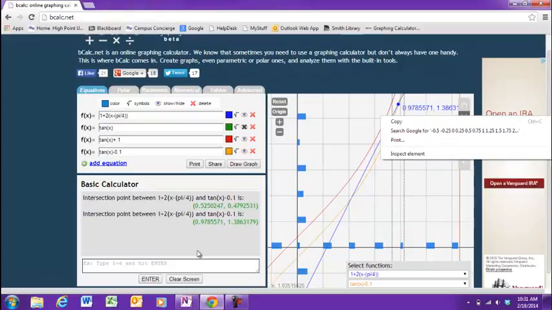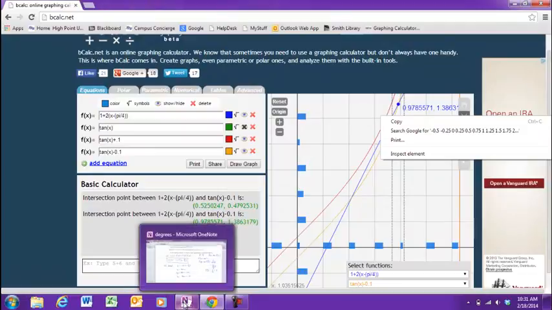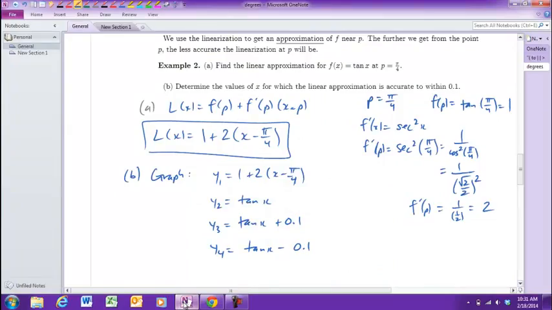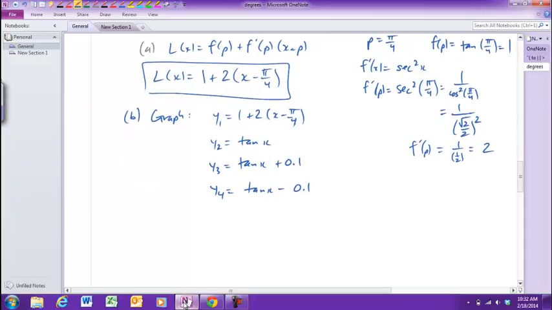So now I can go back to my PDF here, and the result from my graph: we had a line, it was hitting at 2 points, there and there, and those x values were 0.525, the one down here that we found, and the one up here was 0.979.